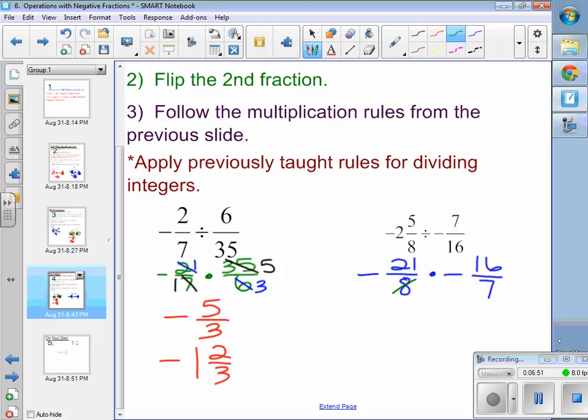Here I have an 8 and 16, both divisible by 8, so I have 1 and 2. Over here, both of these can be divided by 7, so I have a 1 and a 3. A negative times a negative is positive. 3 times 2 is 6 over 1, which is 6. So we are finished with that problem.